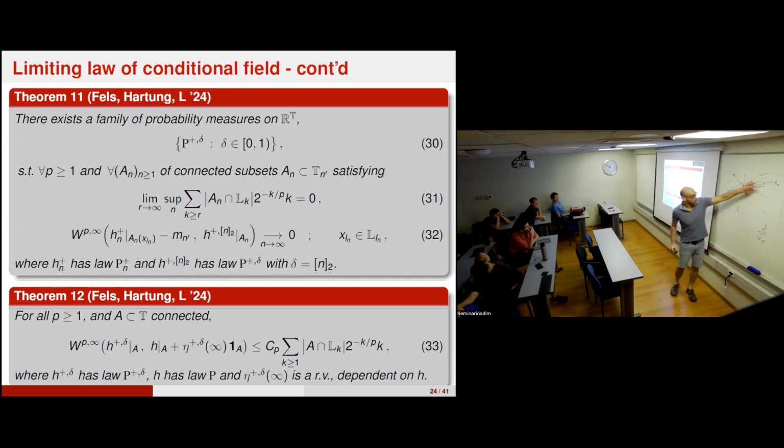So as long as the target set which you compare satisfies some growth condition, it's not too big, then you can compare the conditional field with this limiting law. So maybe I'll write it like this.